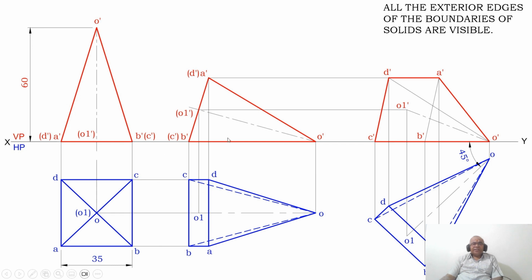As the triangular face is resting on HP, then what happens? The axis is going to become inclined to HP. Since the axis becomes inclined to HP, you are getting the apparent length here, which is O1. So what I am doing is I am rewriting the same sketch here. Since the axis line you have in the second position top view is the apparent length, and since it appears to be inclined, naturally the inclination given in the third position of the axis in the solid is an apparent inclination.